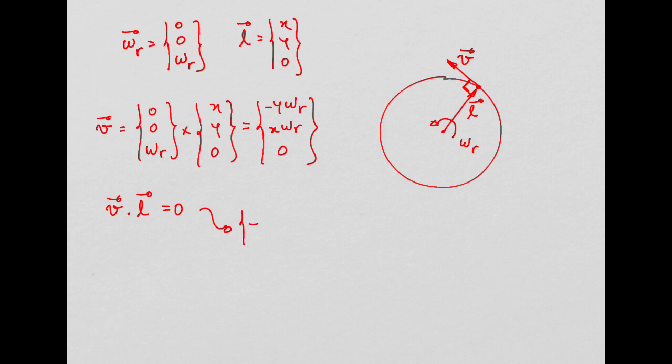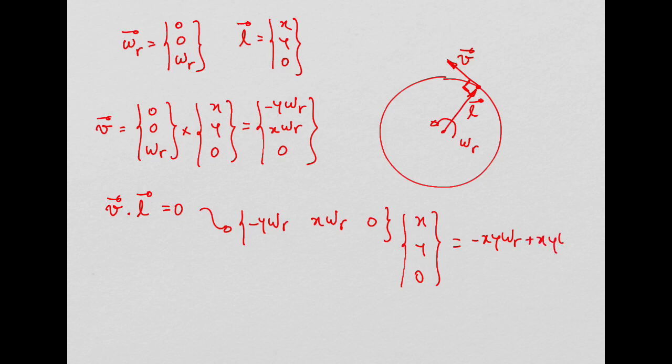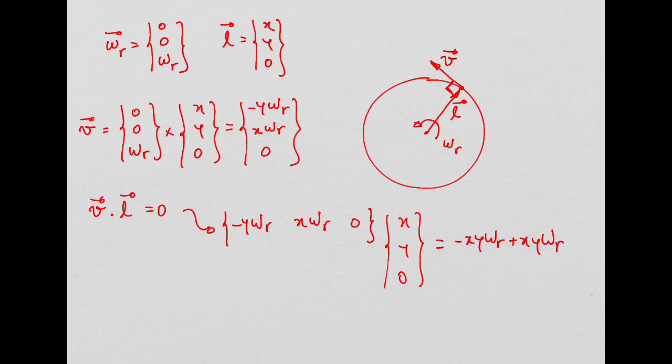So we have minus y WR, x WR, 0, dot product with L, which is x, y, 0. This is going to be minus x y WR plus x y WR, which is equal to 0. So V and L are perpendicular.